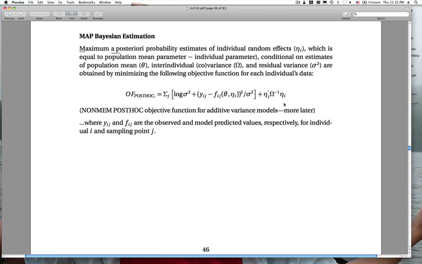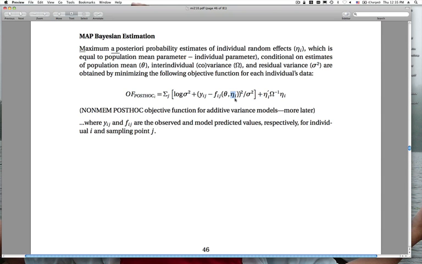Plus this additional term out here, this is your Bayesian penalty term. The first part is focused on fitting the model to the observed data, and the second part of this objective function helps to define how influential the population prior information should be in the estimation of these new individual parameters. The only thing that's estimated in this particular objective function is the individual random effects, the etas, and we'll describe what an individual random effect is in just a few minutes.